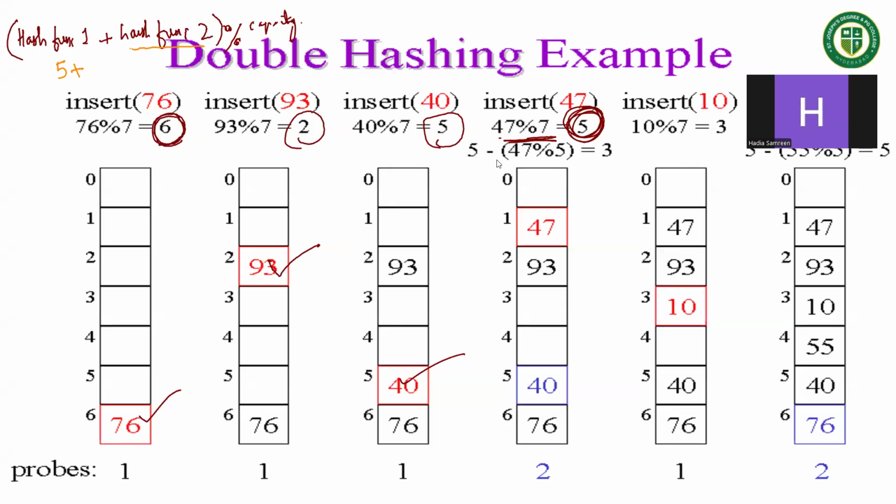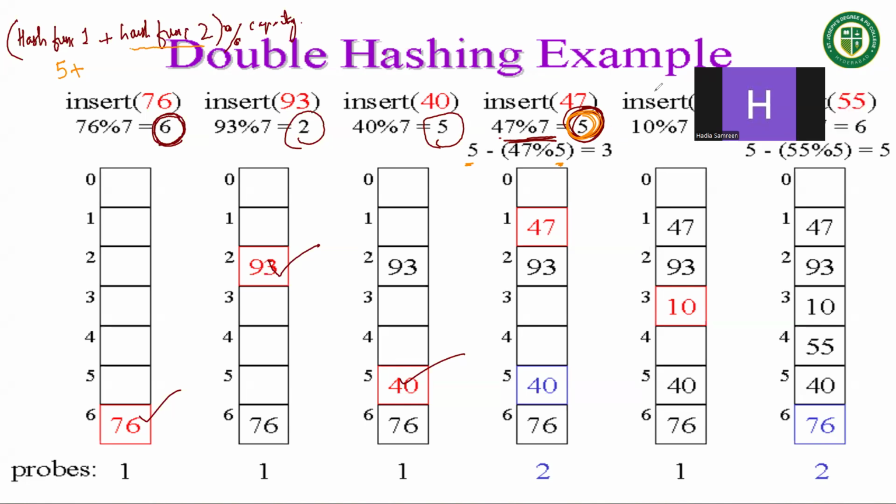For this hash function 2, we can take any number, like here in place of 5, any number that is relatively prime with the index we got from the previous hash function. That is 5. Suppose 5, it is relatively prime to this one. So 5 minus 47 modulus 5 is 3.